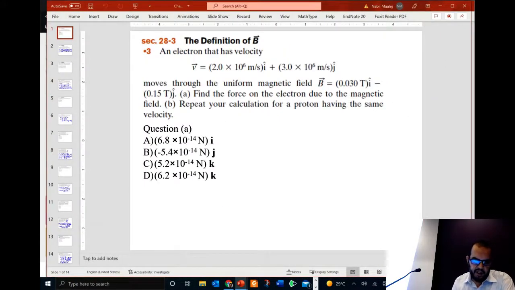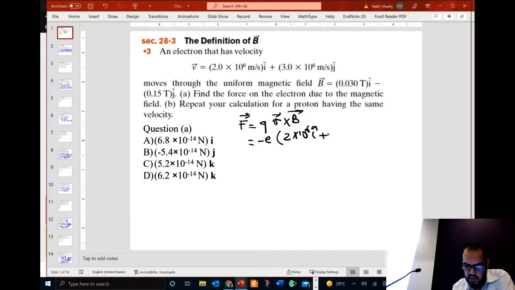All right, so this is the problem. Here we just do F = qV crossed with B. You can either use the matrix method, or I can write this: q is minus e, V is 2×10^6 i + 3×10^6 j crossed with B, which is 0.03 i minus 0.15 j.